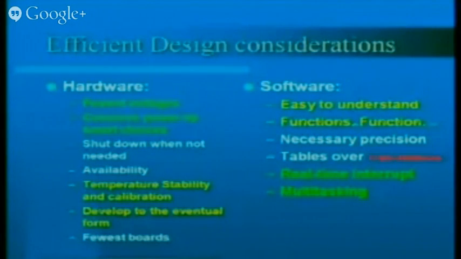Software considerations. So obviously, by now we have understood that an embedded system is a combination of soft and hard things. So software wise, you should write something which is easy to understand, because in a development cycle, normally in a team somebody is going and a new player is coming.